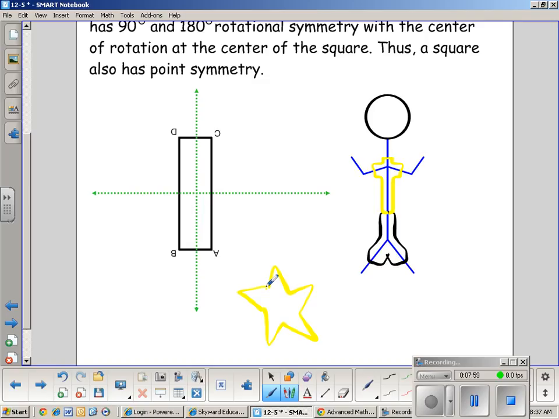I'm going to draw that picture on a piece of paper. I should have drawn it bigger. But here's my star.